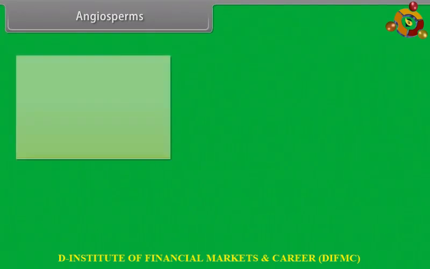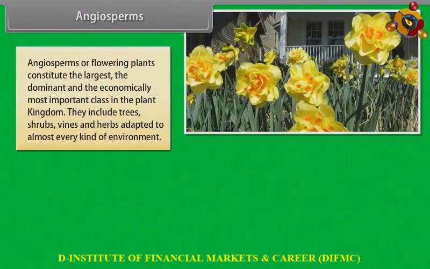Angiosperms. Angiosperms or flowering plants constitute the largest, the dominant and the economically most important class in the plant kingdom. They include trees, shrubs, vines and herbs adapted to almost every kind of environment.